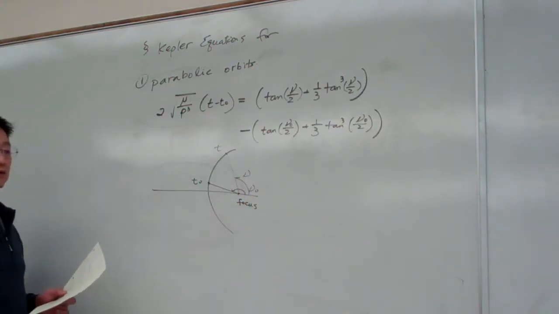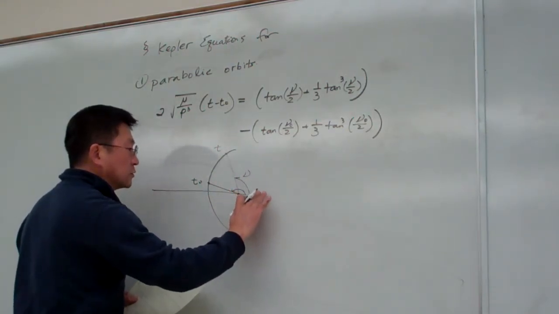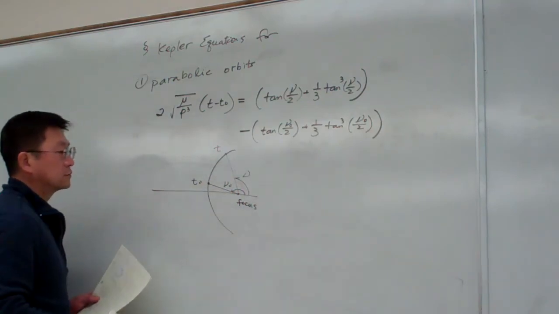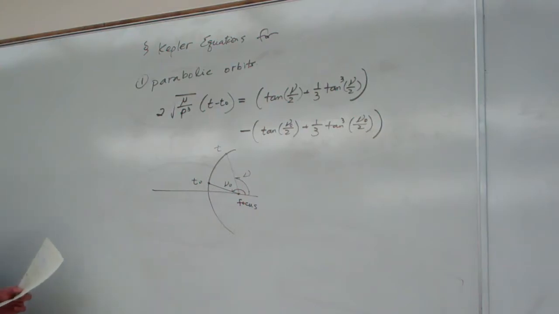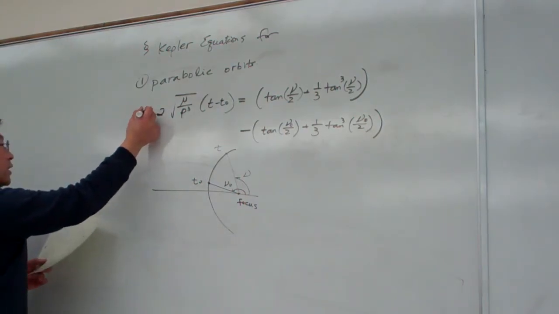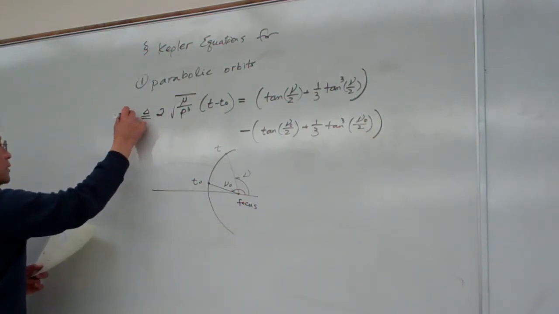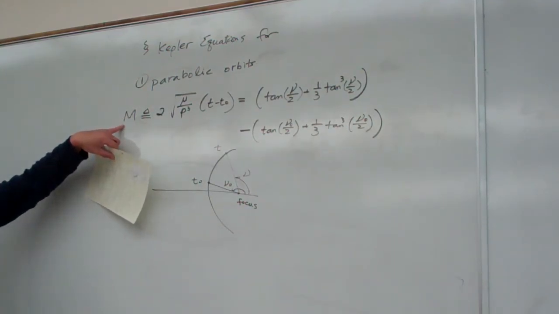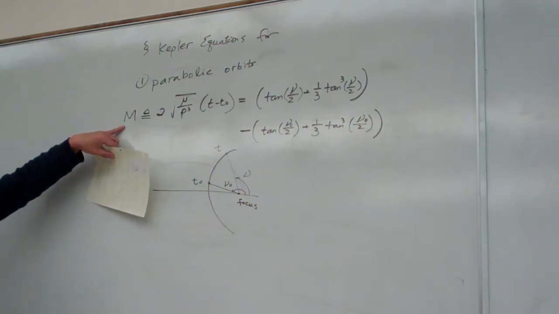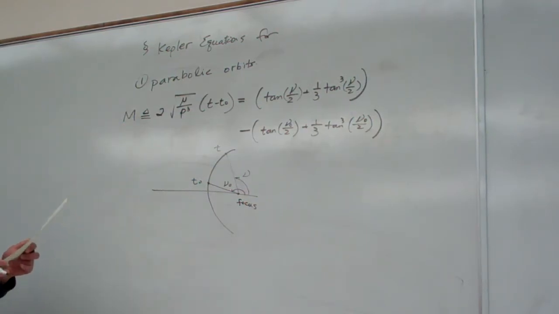So that is the notation of the symbols here. So this is nu 0. And this one usually people define as M, and M is the symbol we're going to use in the handouts. So I simply define the symbols for you.